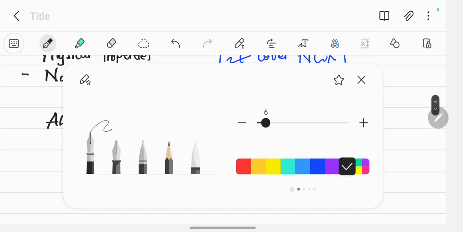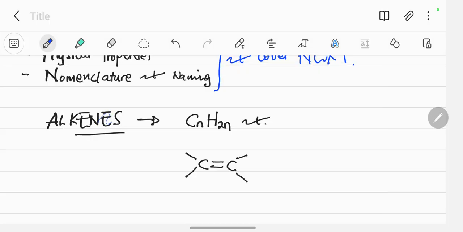Then take note of this prefix. At first we had the alkane, but now we've removed that part and established another prefix there.